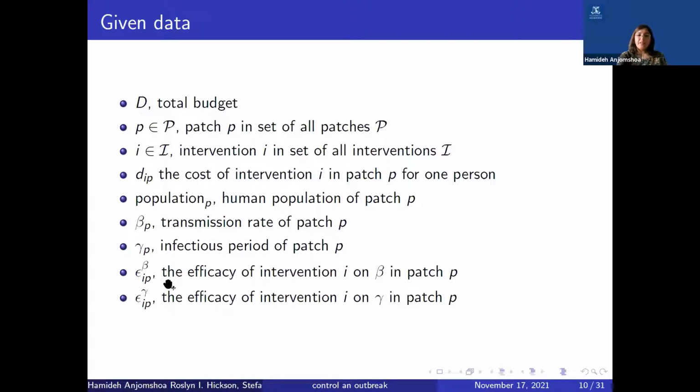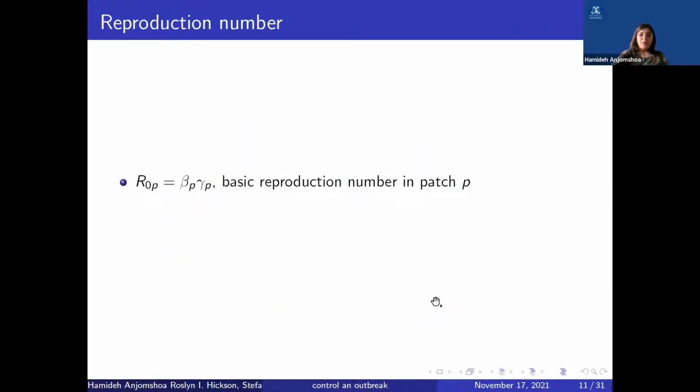The last two parameters are the efficacy of each intervention: the efficacy of intervention I on beta in patch P, and the efficacy of intervention I on gamma in patch P. And the very important parameter that we all learned right at the beginning of COVID was R naught. R naught in each patch P equals beta P times gamma P, the basic reproduction number in each patch.